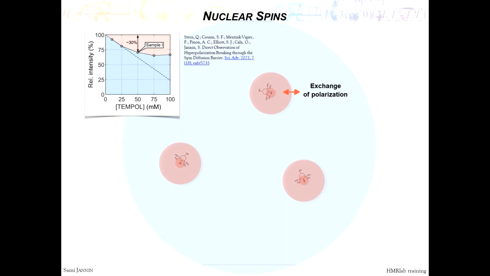And as I said, if you look at the paper from Quentin here on the diffusion barrier, it's called breaking through the diffusion barrier. We measure the exchange of polarization between these invisible spins and the visible spins.